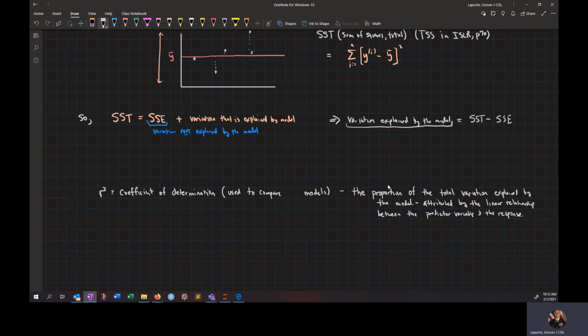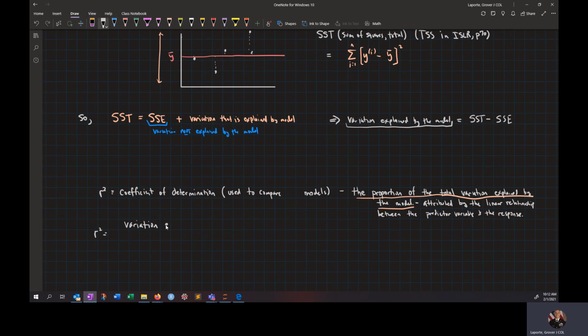Let me underline that: the proportion of the total variation that is explained by the model. That's a pretty simple idea. So I can now write the equation for it. Let me write it out in simple terms and turn these words into an equation. The proportion means it's a fraction.